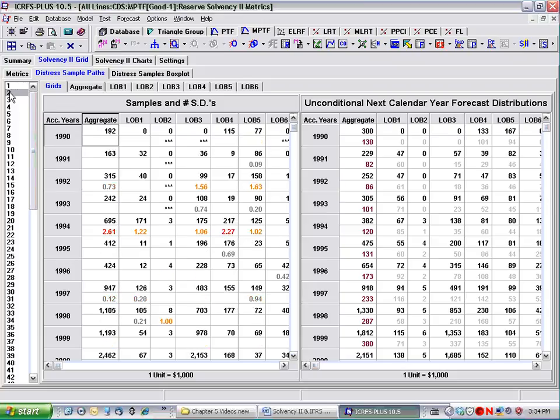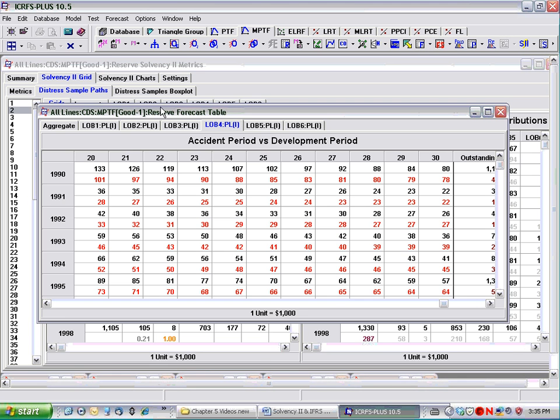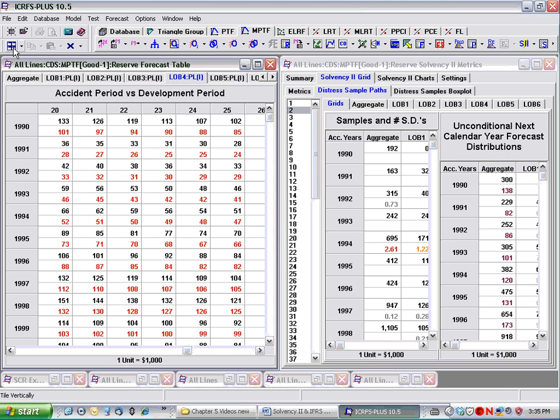This is sample 1. Switch to sample 2. So in sample 2, the observations in the aggregate. So that's what I mean by aggregate. Let's tile this on its own. Let's look at the forecast table also, and let's look at the two together.